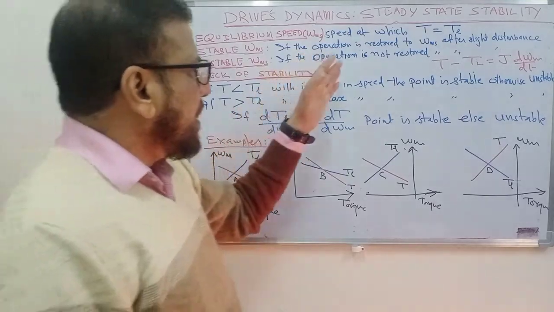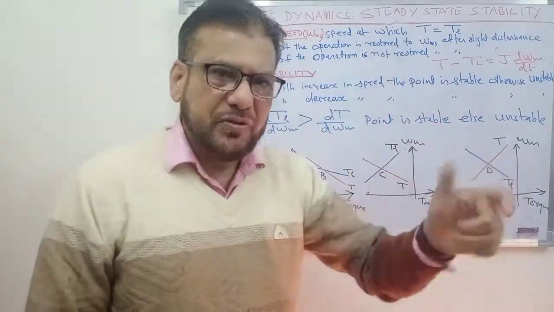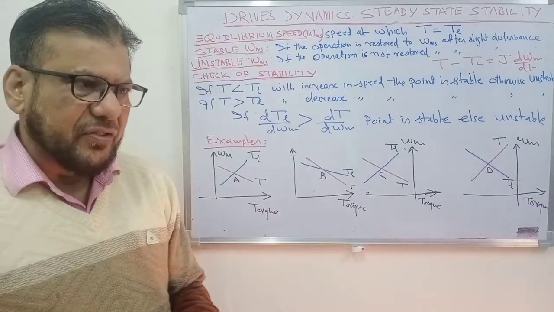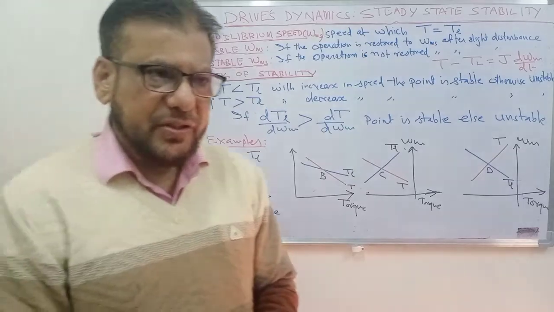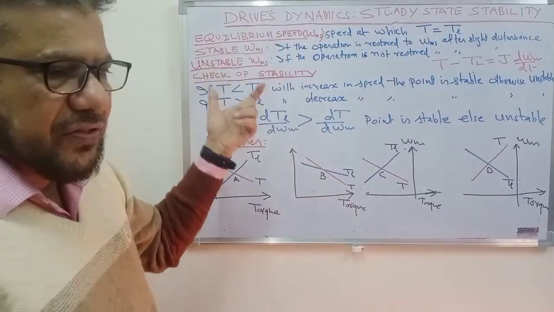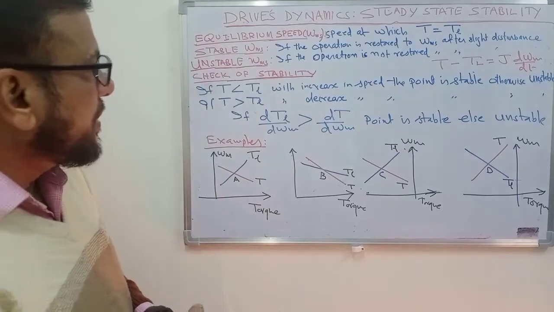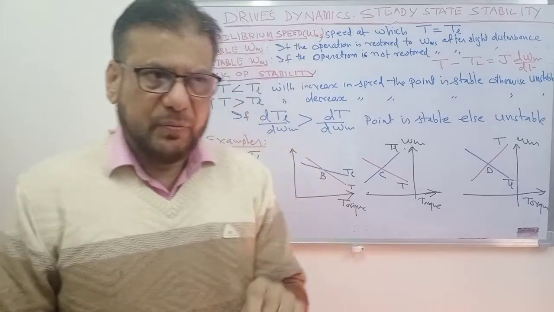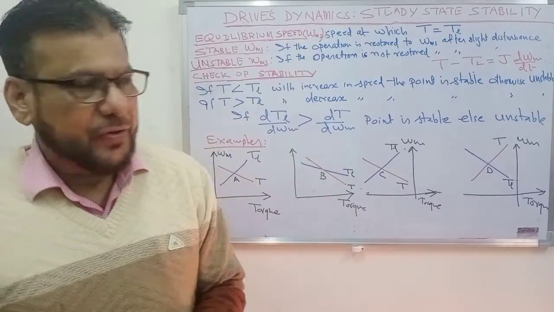If the speed changes due to some reason, then if the speed is restored back to the original steady state speed, then we say that that speed is a stable steady state speed and that operating point is a stable operating point.